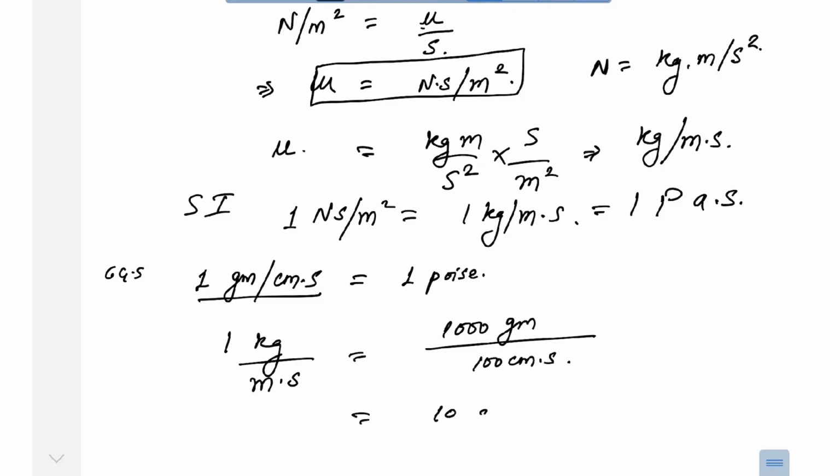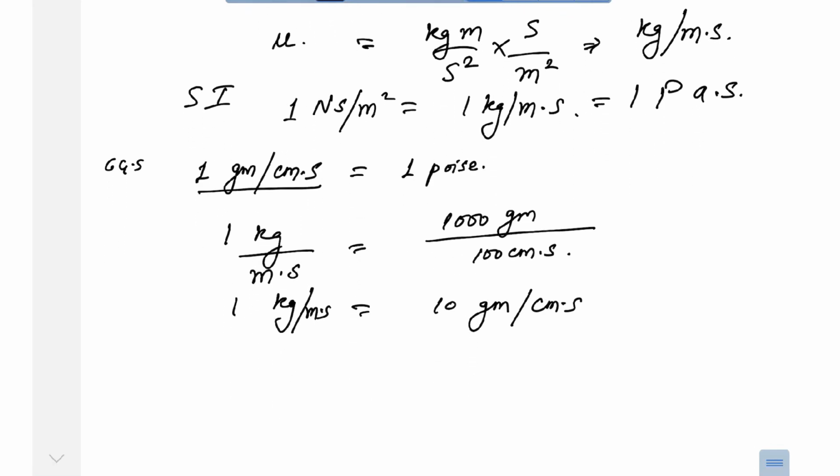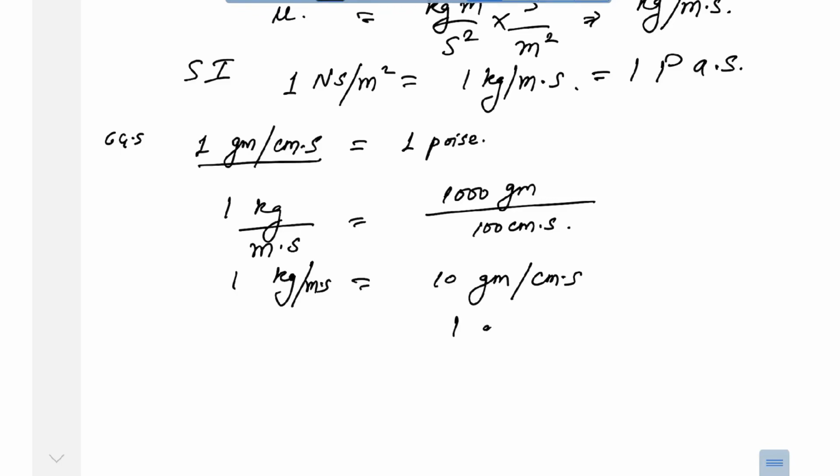So 100 gram per centimeter second equals 1 kg per meter second, and hence 1 gram per centimeter second equals 0.1 kg per meter second, and 1 gram per centimeter second is 1 poise. So this is the relation between the CGS unit and the SI unit of mu.